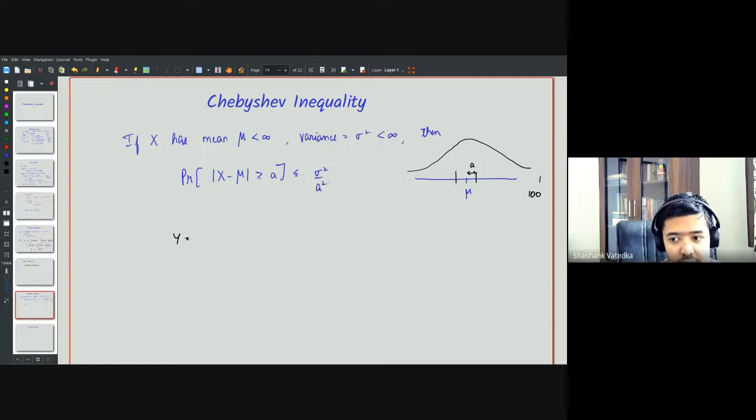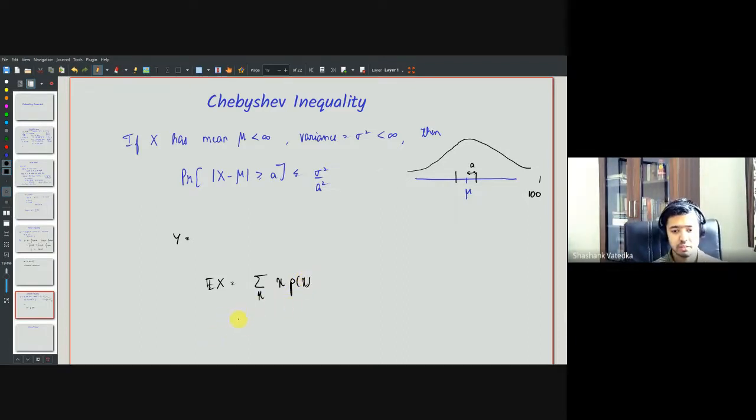The expected value of a discrete random variable is the sum over all possible outcomes of x times p of x.